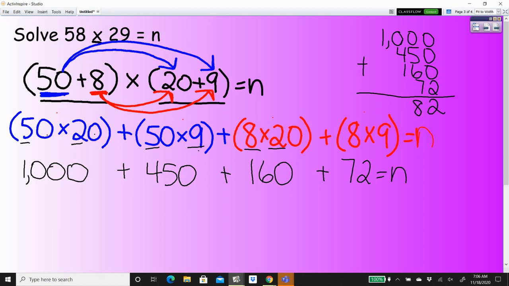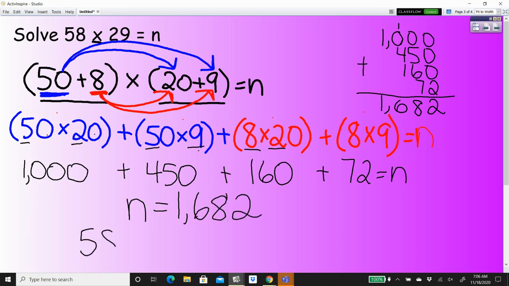Put the 8, regroup the 1 into the hundreds place. 1 plus 4 is 5, plus 1 is 6. And in my thousands, so I have N equals 1,682. So 58 times 29, I get the product of 1,682.